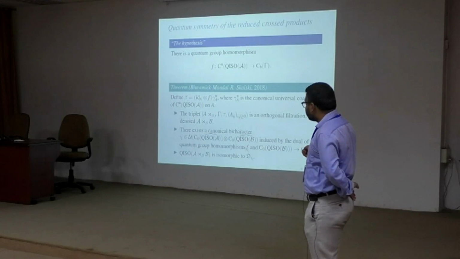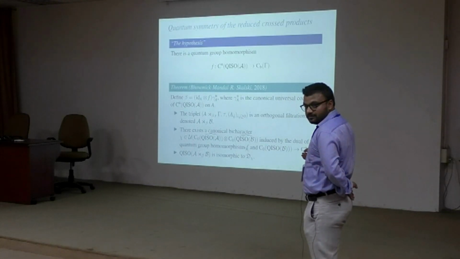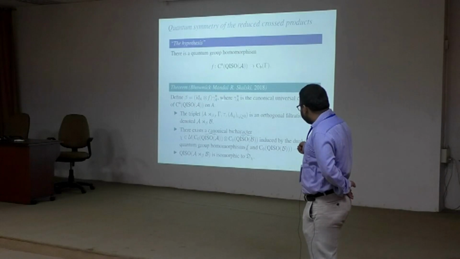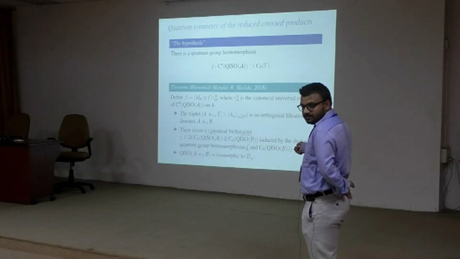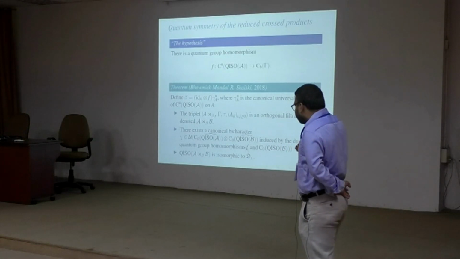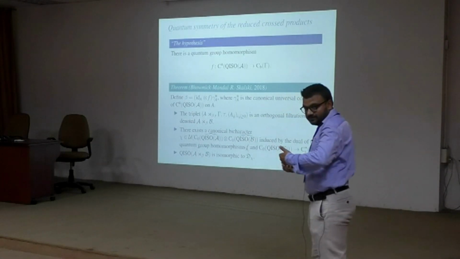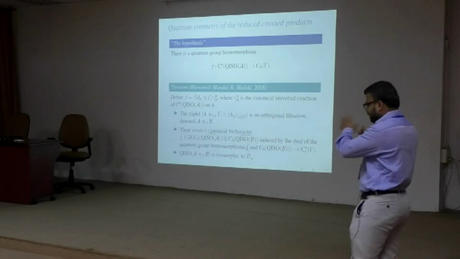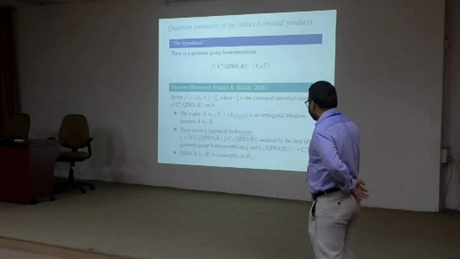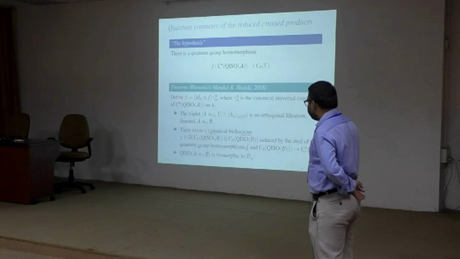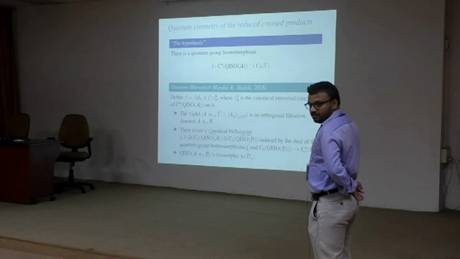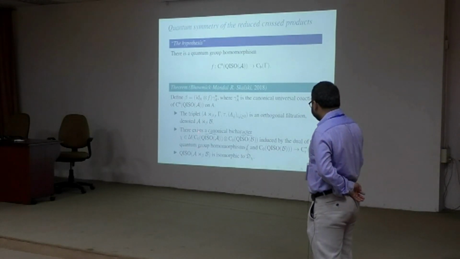I am not assuming that the action preserves the filtration. I am just assuming, because gamma preserves the state, that therefore this beta will also preserve the state. But I am not assuming that it will preserve the filtration. The other way: it preserves the filtration, therefore this will also preserve the filtration. That is the crucial part here.